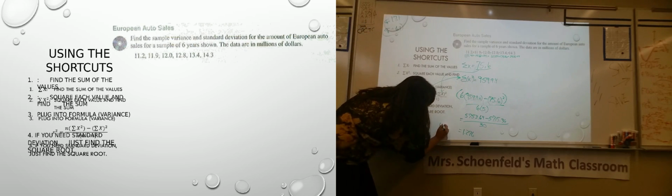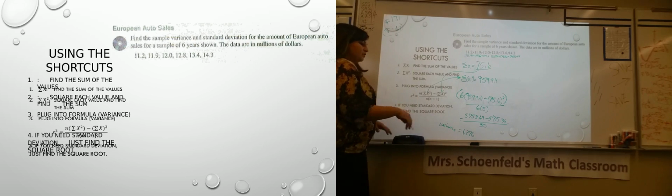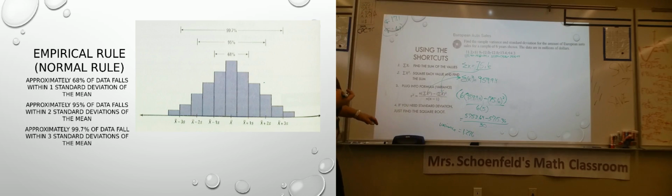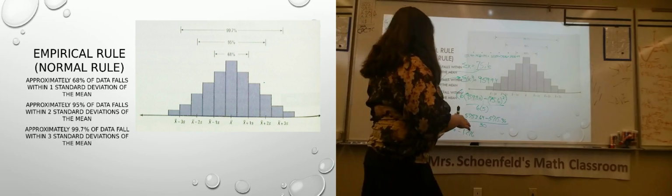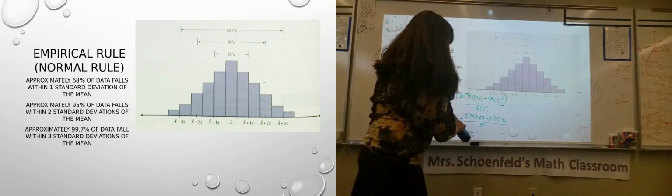So variance, if we wanted to then find the standard deviation, we're taking the square root of that. Okay, one more. I have so many different things to click. Okay, then with standard deviations, we have what is called the empirical rule, also sometimes called the normal rule.